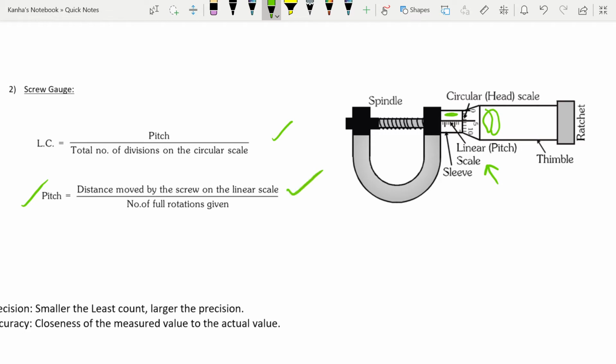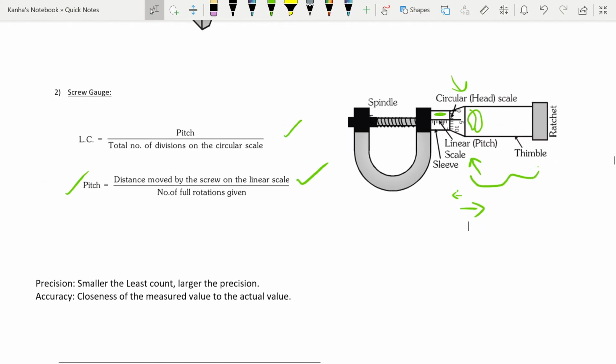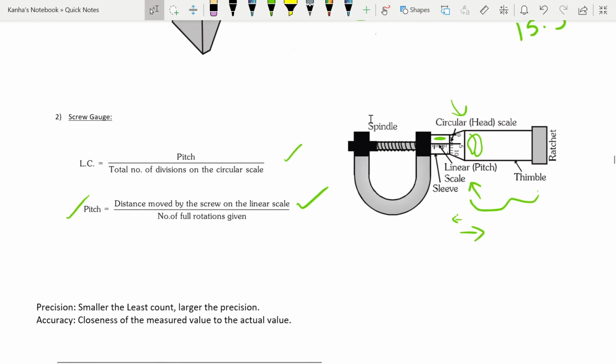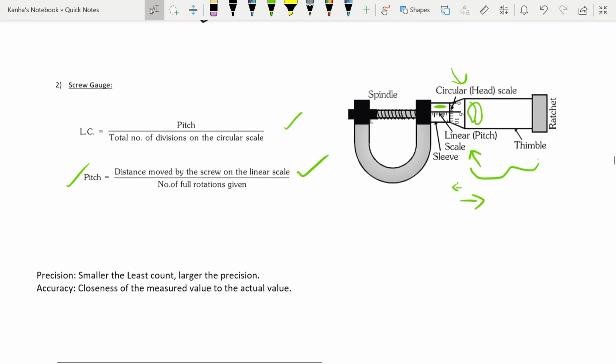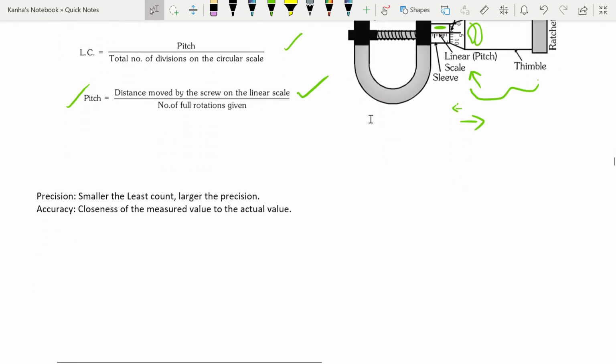Basically what this means is, in one full rotation of the circular head, how much distance does this entire section move in or out on the linear scale. I think you guys might remember this from the lab experiments. So this is all you need to know about screw gauge to solve the problems.